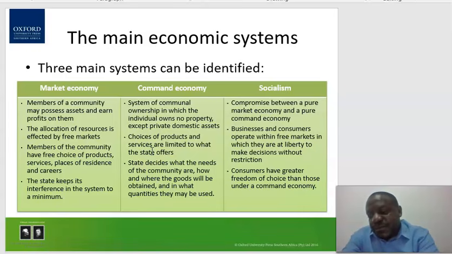But in socialism, the government controls key strategic areas of the economy. That's the main difference with the market economy, because in the market economy, the government's hand is very, very invisible. The government plays a minimal role, as the laws of supply and demand are the ones that actually control everything that happens.